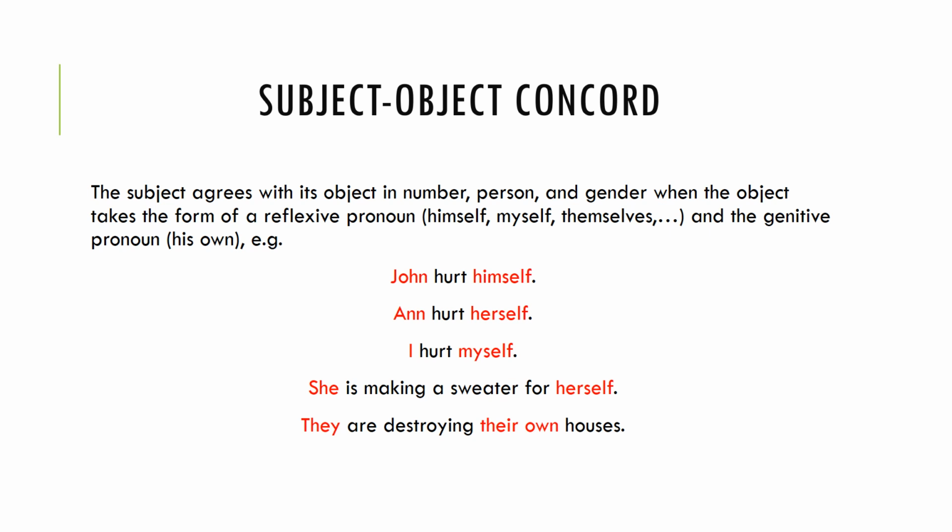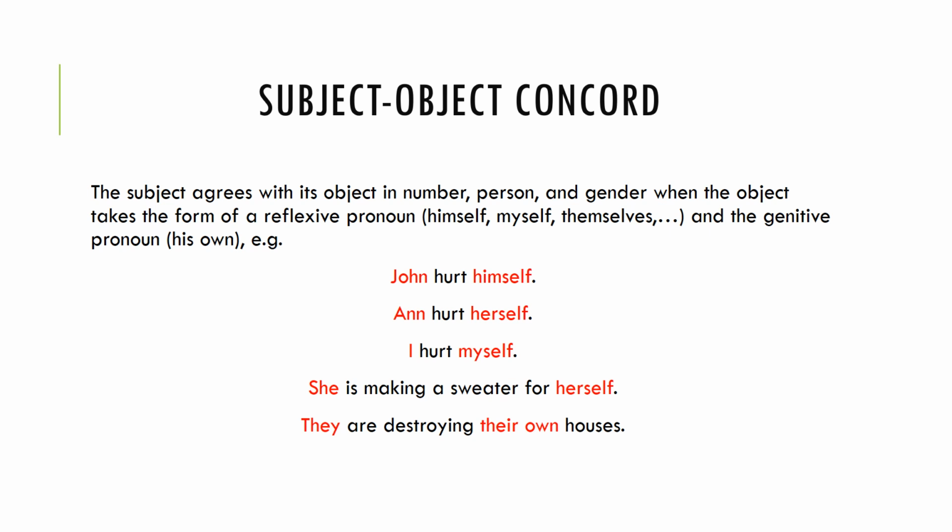For herself here is a prepositional phrase, and herself appears as the object of the preposition. But still, as you see, there is agreement in number between the subject she and herself: both are singular. In person, both are third person. And in gender, both are feminine.